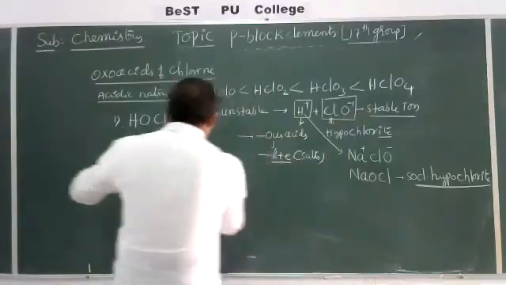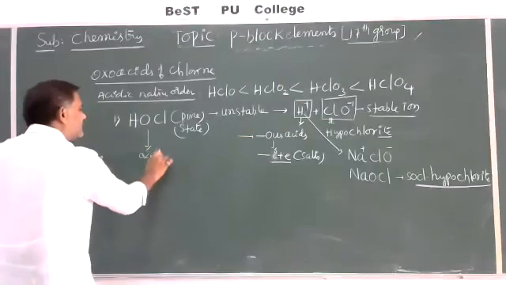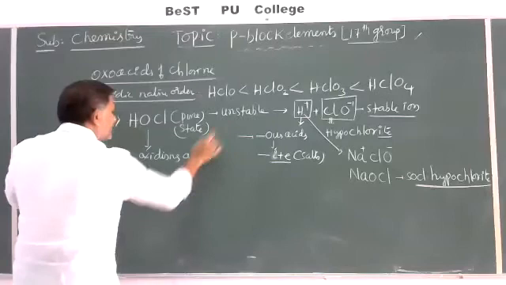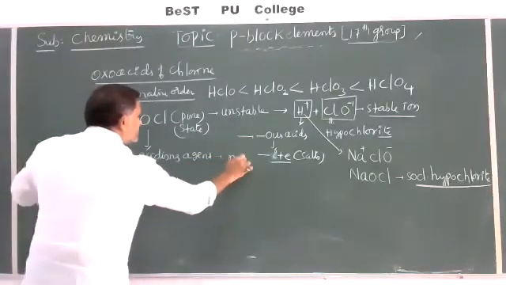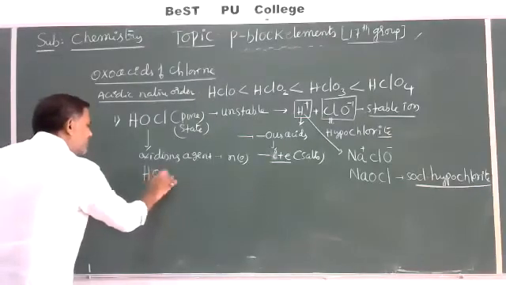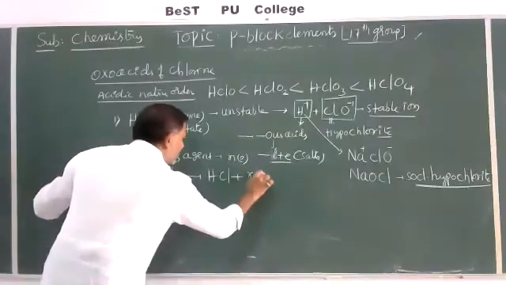That's why HOCl acts as an oxidizing agent. Because it is unstable, it is ready to produce nascent oxygen. HOCl ionizes to give HCl plus a nascent oxygen atom.